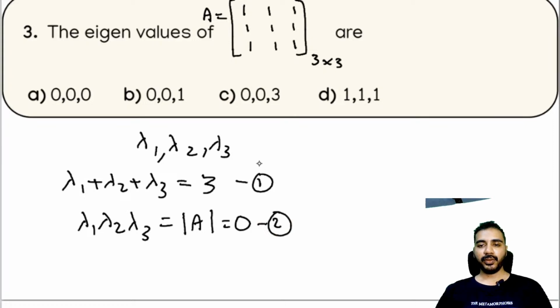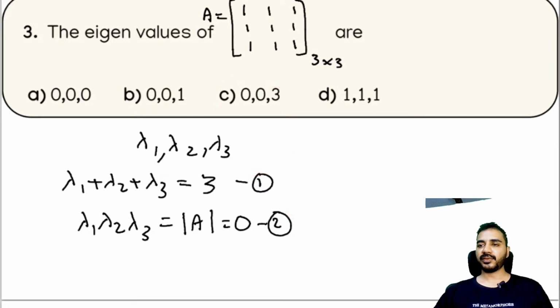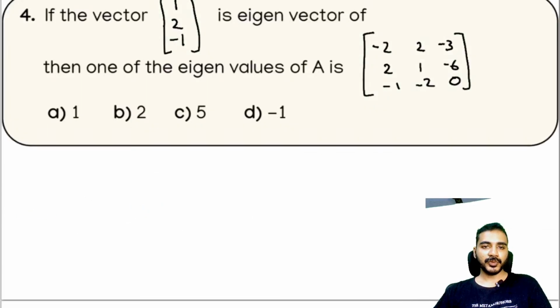Only one option satisfies both equation 1 and 2, that is option C. So our answer to this question is option C. Now we are moving on to the next question, the fourth question.